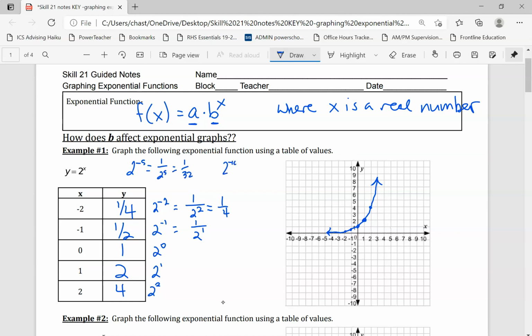If I have 2 to the negative 10, that's 1 over 2 to the 10th, which is like 1 over, I'm going to cheat because I don't know what 2 to the 10th is, 1024. So you can see that these values are getting smaller and smaller, but the fraction will never become 0.